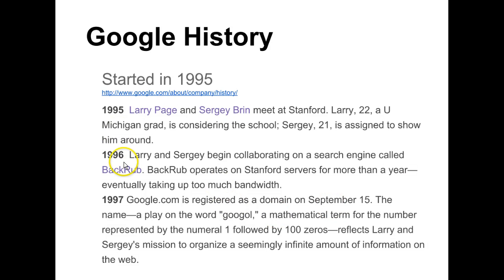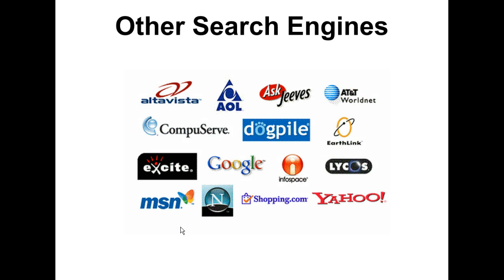So again, Google started in 95. There were many other search engines back in the 90s. Everybody put one out. I used to use Yahoo, which was the best known. I used to use AOL because I have my AOL account. And really before AOL, I had Earthlink, which was an Atlanta company and provided dial-up service for the internet.